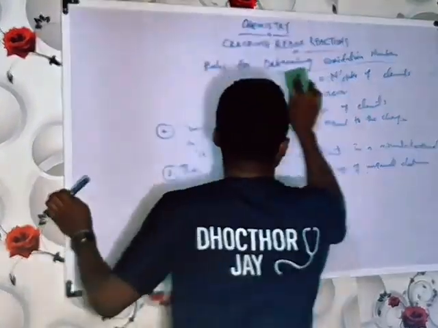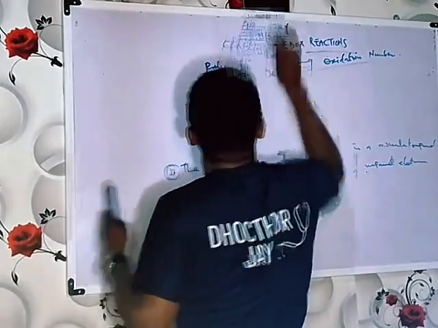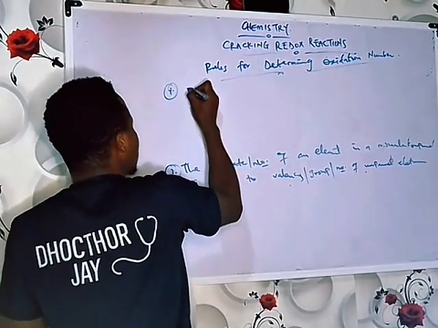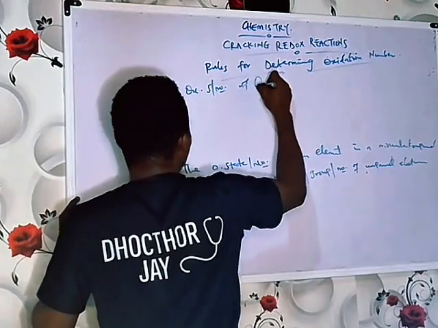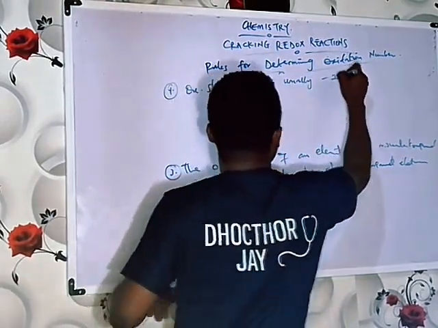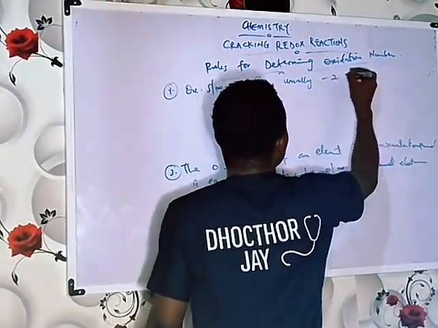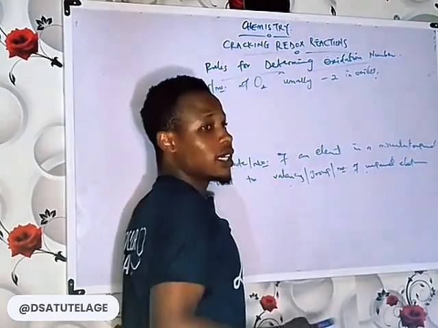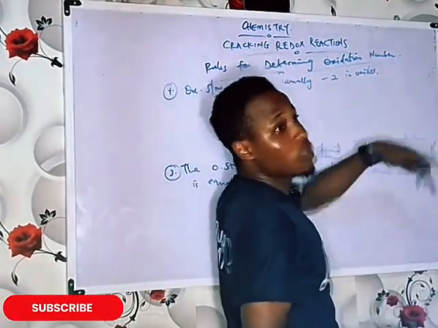So now we go to rule number 4. We're going to be specific now. For number 4, we say that the oxidation state or number of oxygen is usually minus 2 in oxides. However, this is like normal oxides or dioxides.